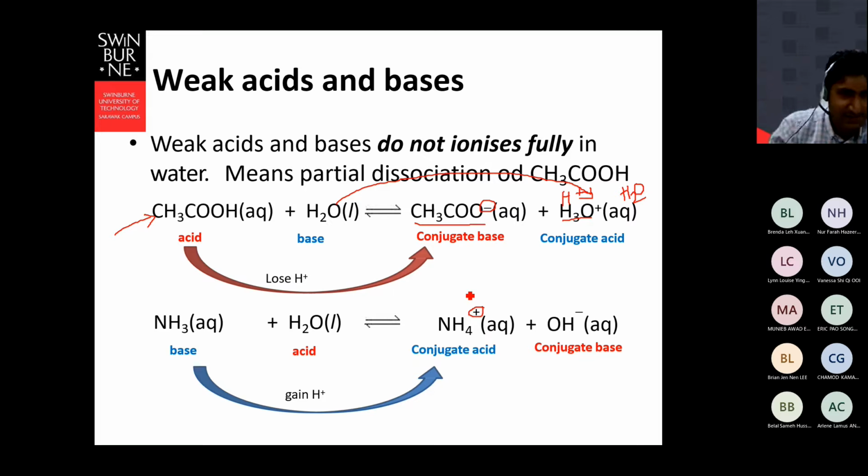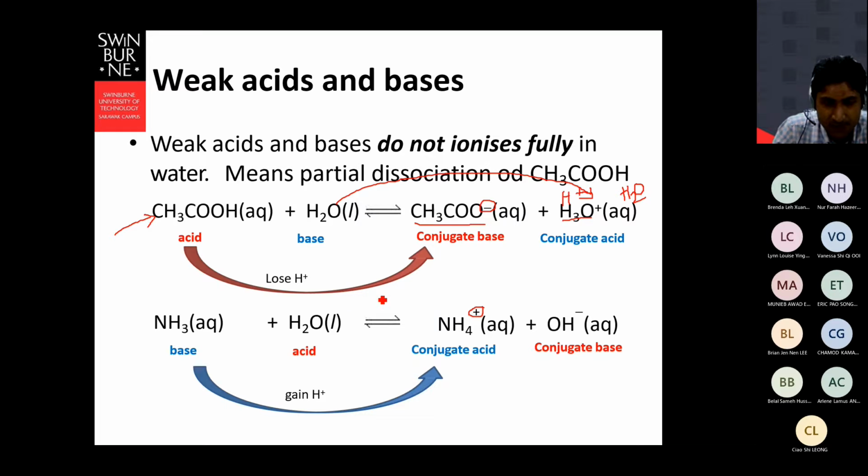I will try to release that extra charge. It does so by releasing one hydrogen ion, and then it can come back to the neutral, much more stable compound. So it is a potential acid, because it can donate one hydrogen ion to the solution.